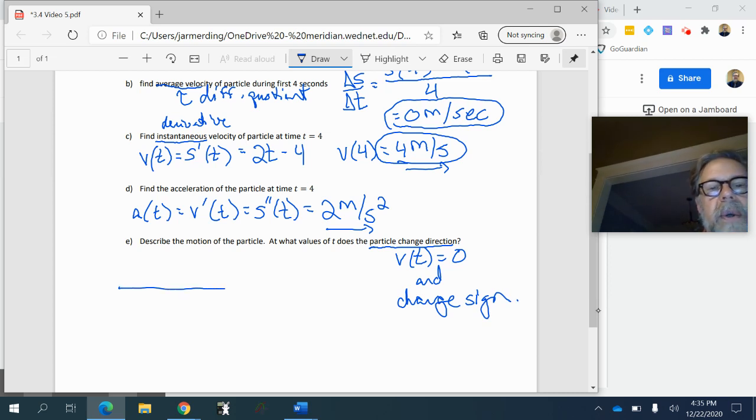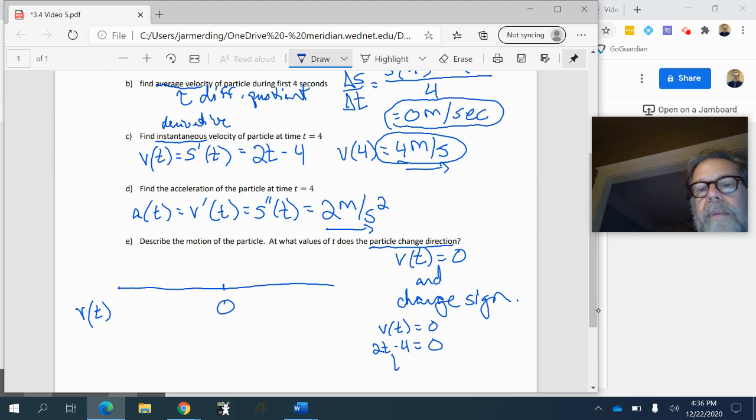So what I like to do, and we're going to be doing this quite a bit, is make a little bar graph where we find out when is the velocity equal to 0, and that will allow us to then check on either side. So velocity equals 0, v of t equal to 0. That means that 2t minus 4 is equal to 0, which means that t is equal to 2. So this is at 2 seconds. At 2 seconds, velocity is equal to 0. So now what we need to do is just quick check on either side.